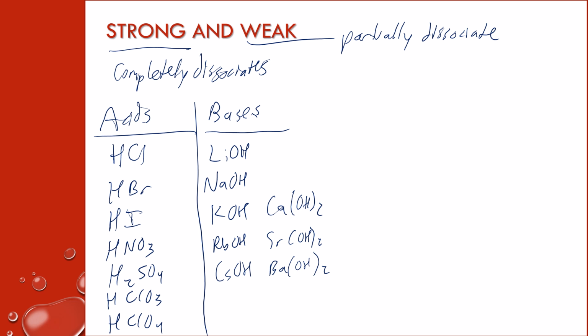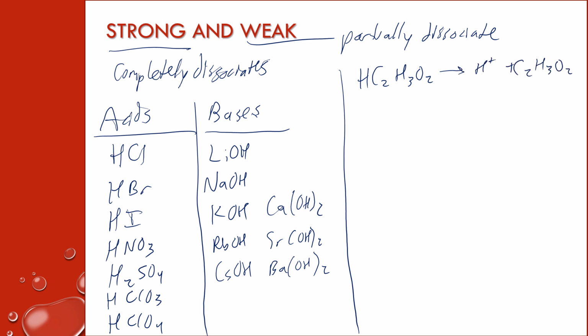And so when you have examples of these, let's do a really common weak acid, which is acetic acid. So HC2H3O2. This one can dissociate into hydrogen ions and acetate ions, like this.